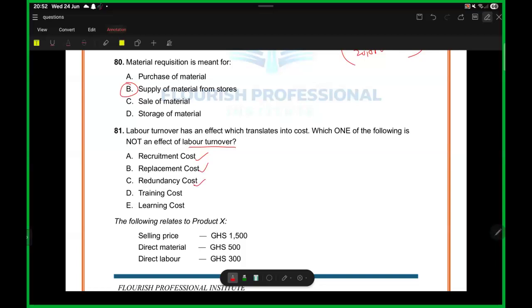Redundancy costs is when we realize that we no longer need the labor, so we have to lay them off. That is not a labor turnover cost. When you employ a new person, you have to train the person on the job. The person will have to learn on the job through workshops and all that. So the answer here is C. The redundancy cost is not associated with labor turnover. Do we understand it?